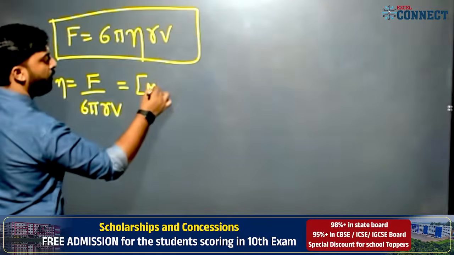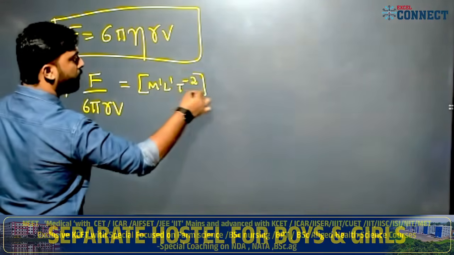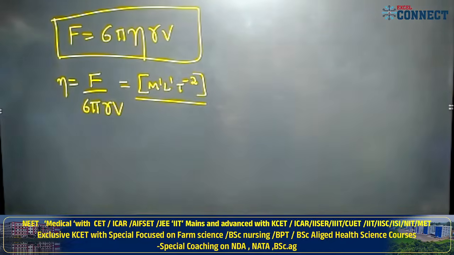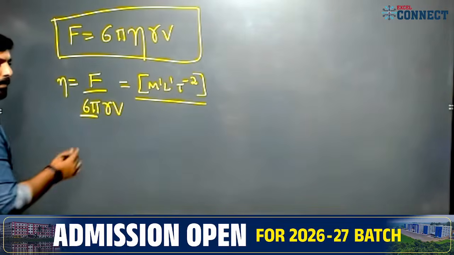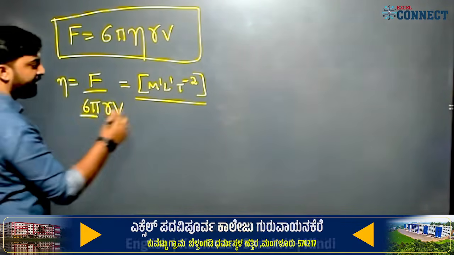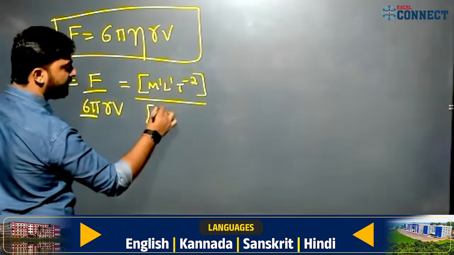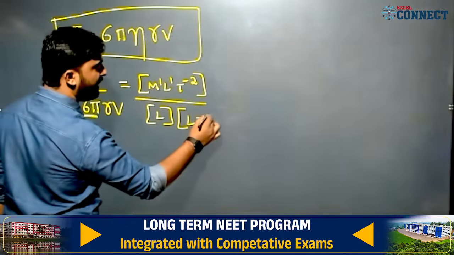It is M1 L1 T minus 2. 6 pi is a mathematical number. It does not have any dimension. R is radius, its dimension is L. What is V? V is velocity, its dimension is LT minus 1.